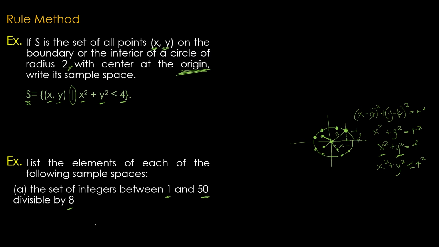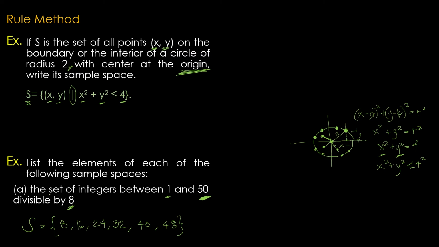So your sample space is equal to the set consisting of the numbers divisible by 8. What are the numbers divisible by 8? 8, 16, 24, 32, 40, 48. It's only up to 50.